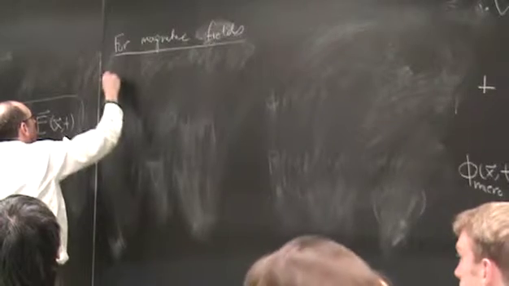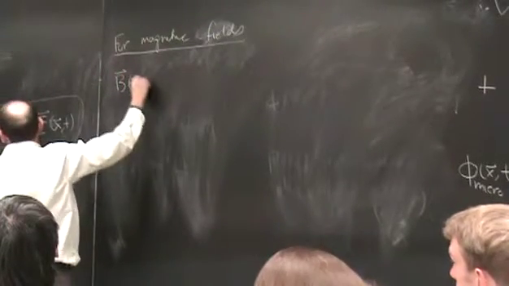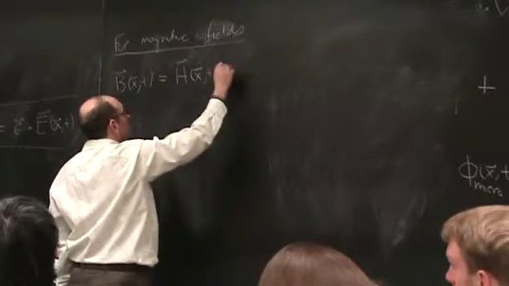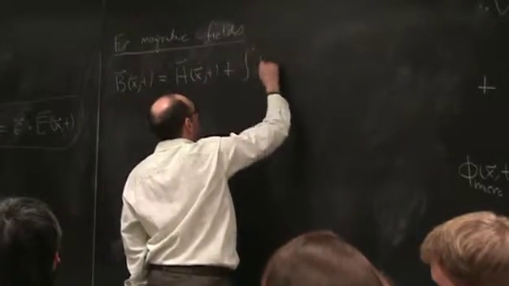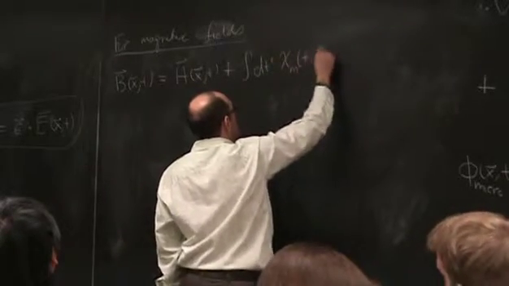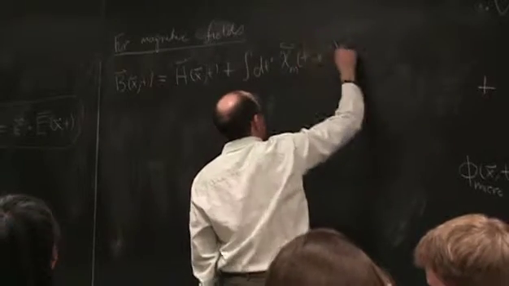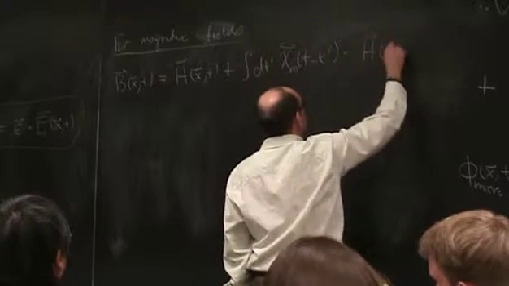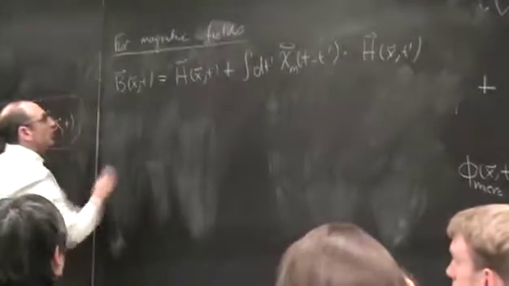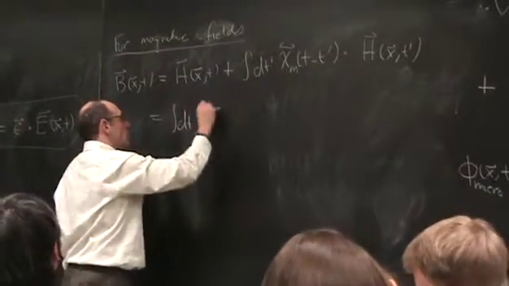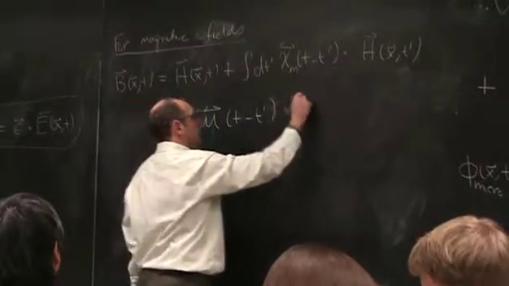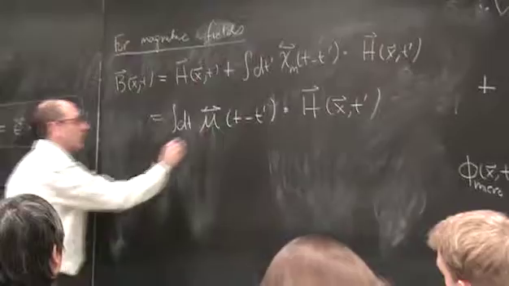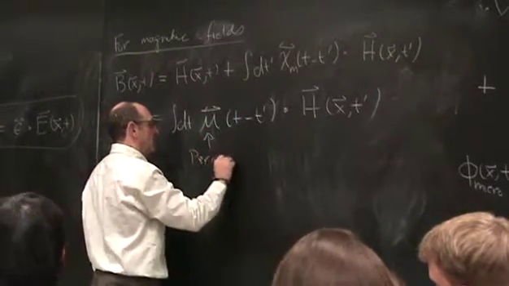We have B is equal to H plus the integral chi m dotted into H. Which can be written as mu dotted into H. And mu is known as the permeability.